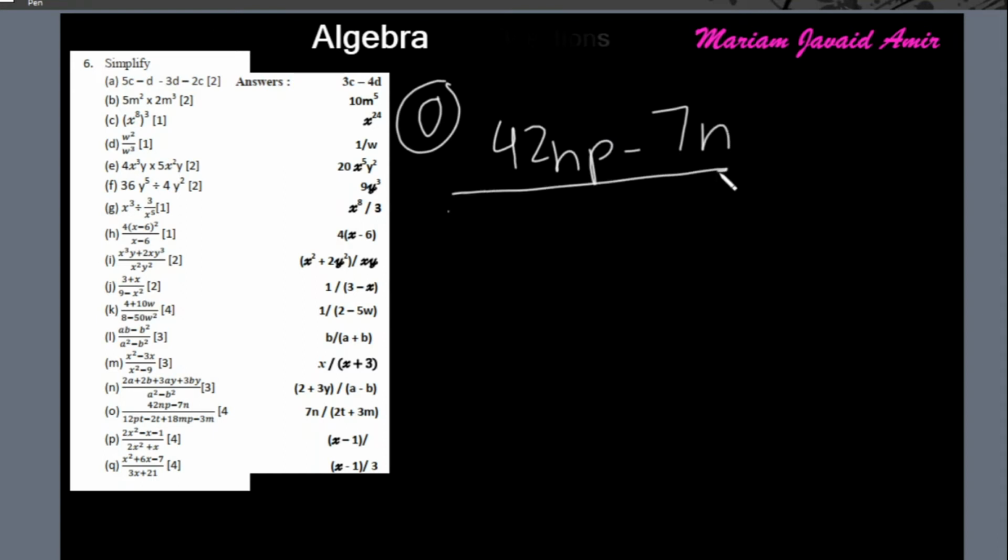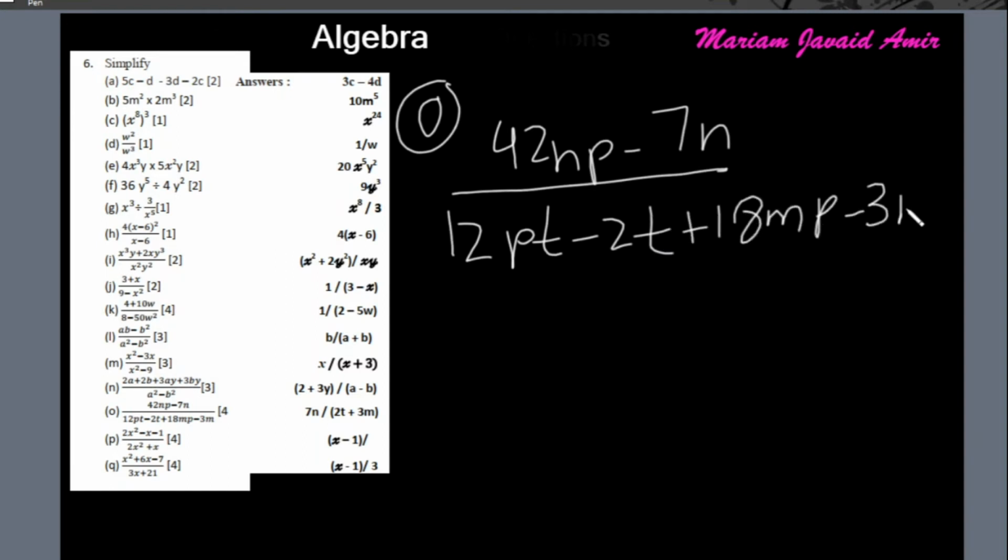Next up is part O, which is 42np minus 7n over 12pt minus 2t plus 18mp minus 3m.